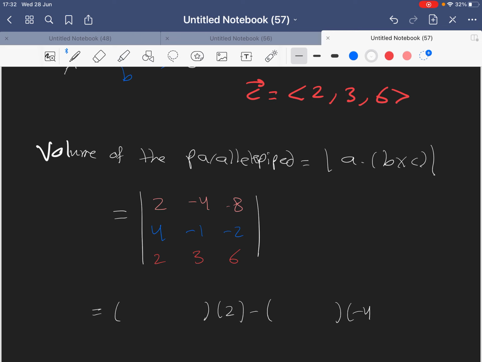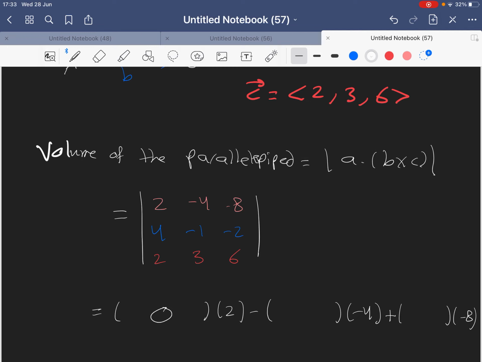So the first one is negative 4 here, negative 8. Now, how do we find the number in front of the 2? We have to cancel the row and the column for the number 2. So we do this minus this. So it is negative 6, negative 6, so this will be 0.